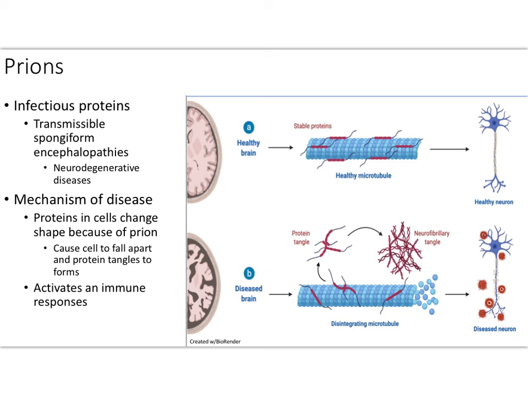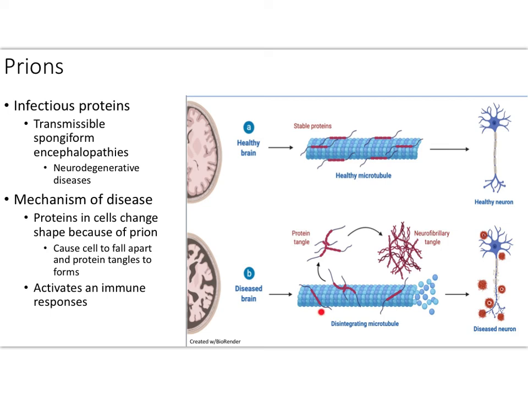These are considered neurodegenerative diseases because, as we've talked about in terms of the mechanism of disease, prions are altered versions of normal proteins. So our normal proteins in our brain do things like hold cell membranes together, they hold microtubules together, etc. When we come in contact with a prion, what that prion does is get into our body and it starts to cause our normal versions of proteins to change their shape.